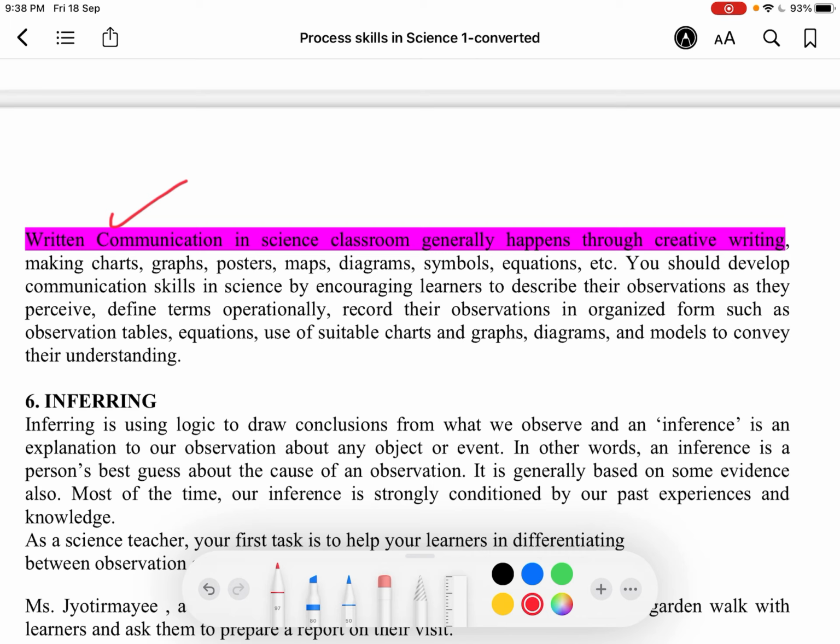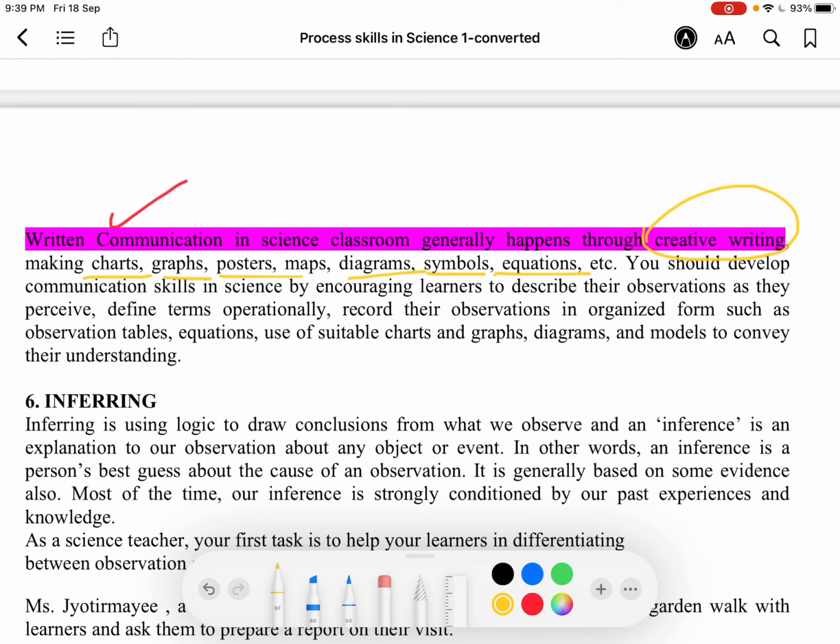And this written form they can do with creative writing. Here you can even make charts, graphs, posters, maps, diagrams, symbols, equations, etc.